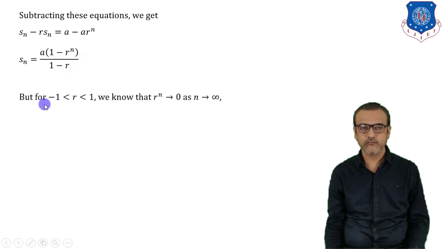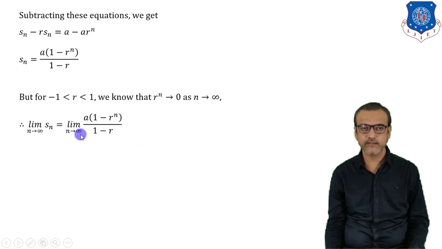But for minus 1 less than r less than 1, we know that rⁿ tends to 0 as n tends to infinity. So the limit as n tends to infinity of Sn equals the limit of a times (1 minus rⁿ) upon (1 minus r).